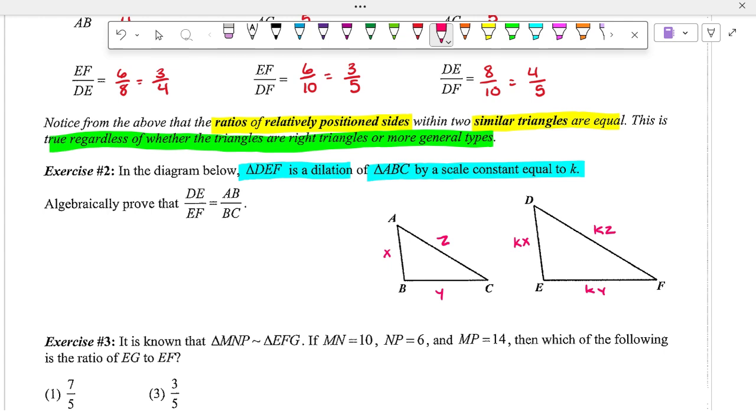All right. So if I want to show that DE over EF is equal to AB over BC algebraically, here's how I would do it.